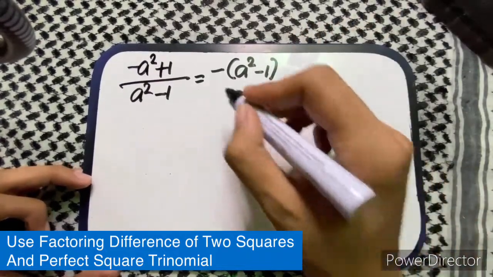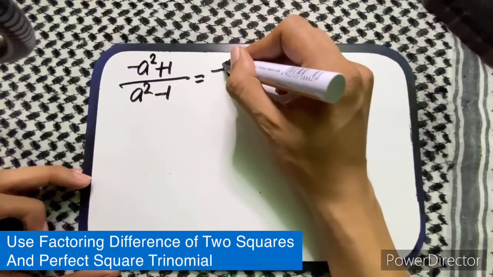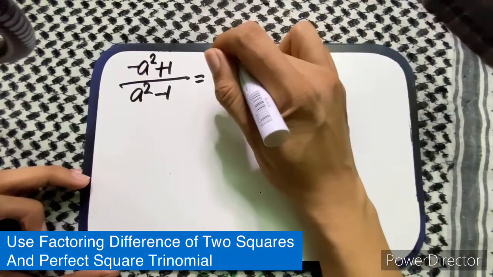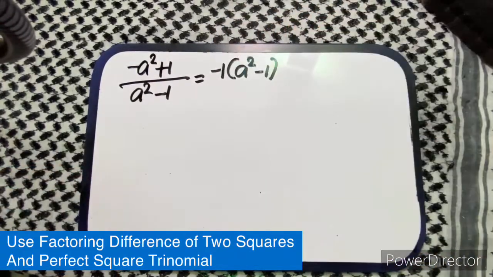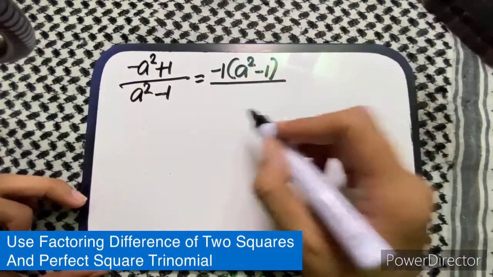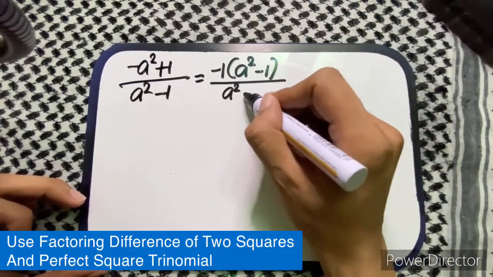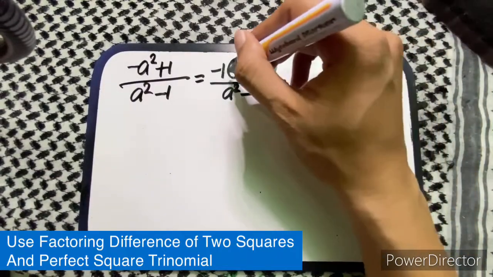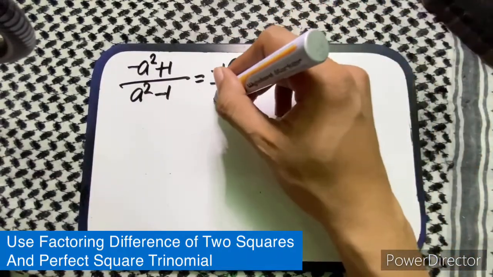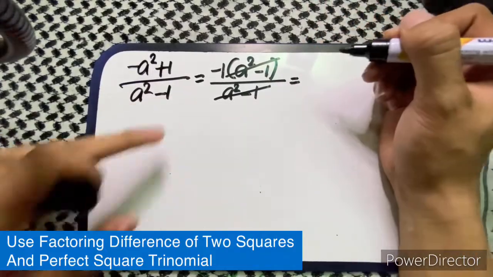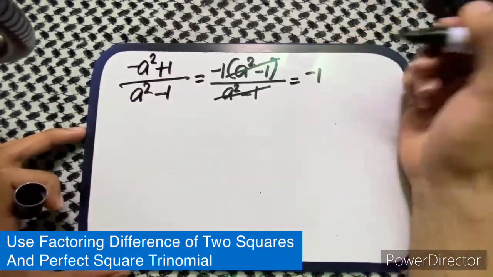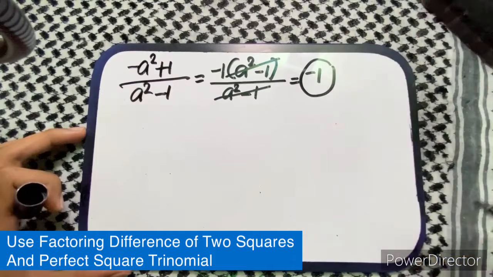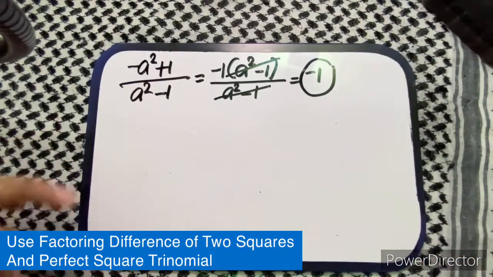Then you can write here also negative 1, it's just the same, all over a squared minus 1. So we have the common factor, a squared minus 1, and a squared minus 1. So that is negative 1. That is the final answer.